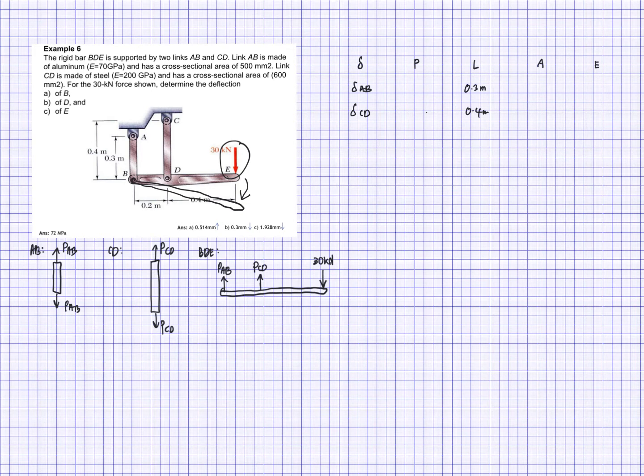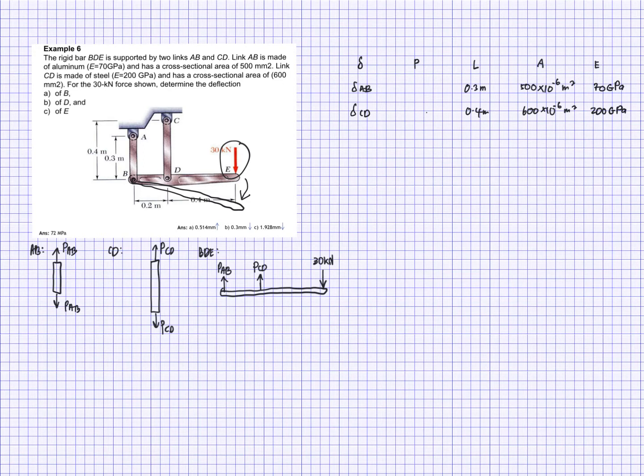Area is also given, which is 500 times 10 to the power of negative 6 meter squared and 600 times 10 to the power of negative 6 meter squared, and E is also given. Link AB is made of aluminium, 70 gigapascal, and link CD is made of steel with Young modulus 200 gigapascal.